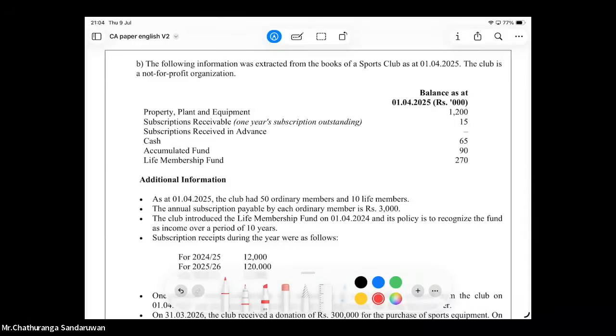Just look at whether asset, liability, equity are in balance. Total asset is 1215. Just look at the 1280, right? $1,280.